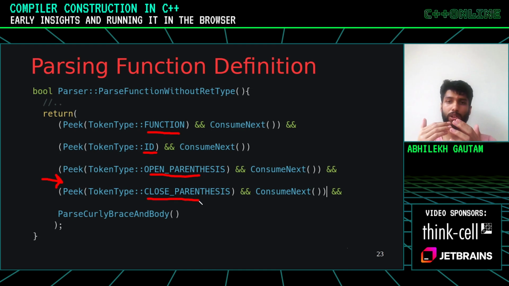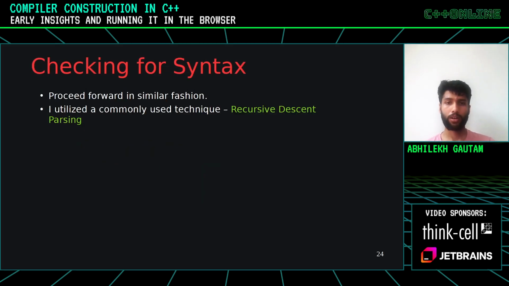In a similar fashion, we check if the sequence we receive from the lexer matches with our grammar, and we proceed forward in the same way for every grammar rule in the language.